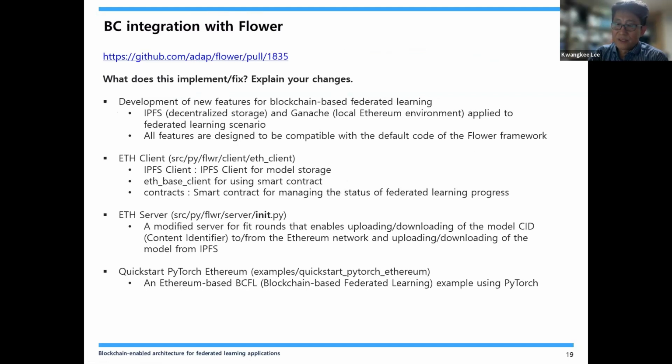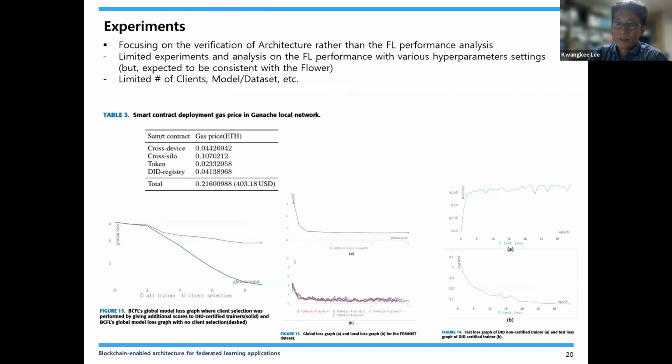So I'd like to discuss these points with the Flower community later. For now, we focused more on the verification of architecture rather than the FL performance analysis. However, due to our implementation strategy, we expect exactly the same performance and behavior as that of the Flower framework.